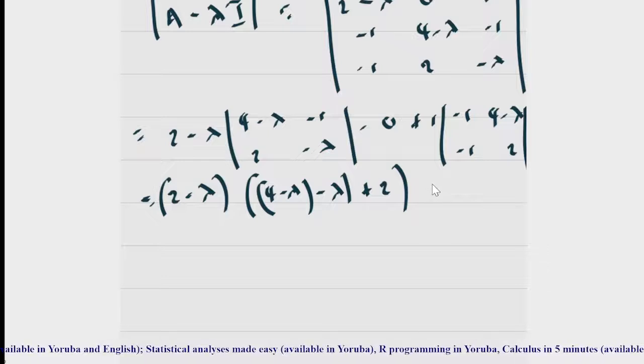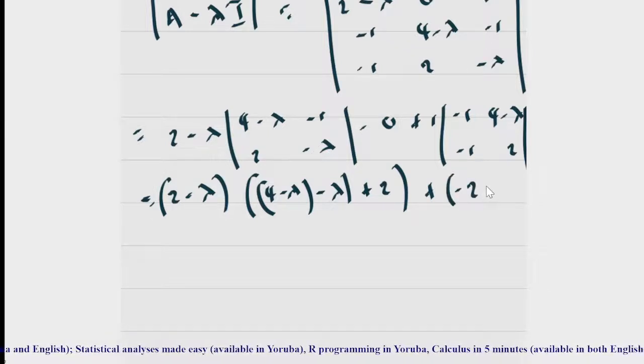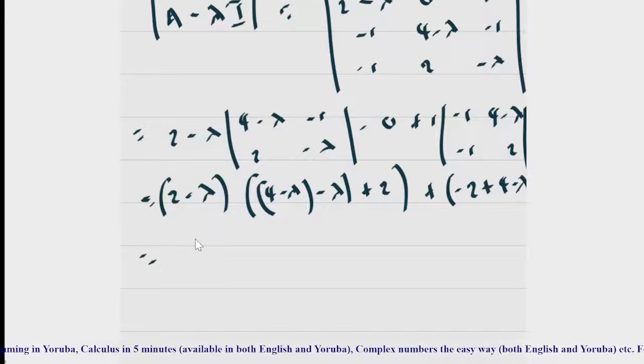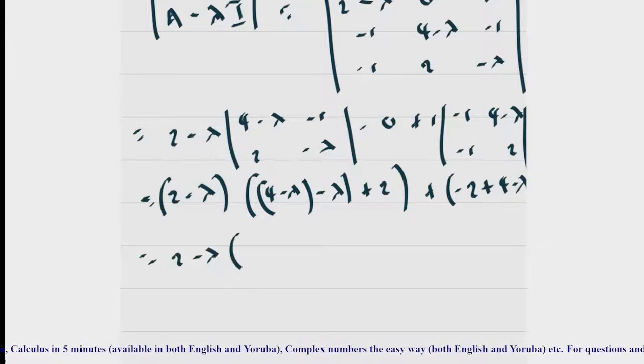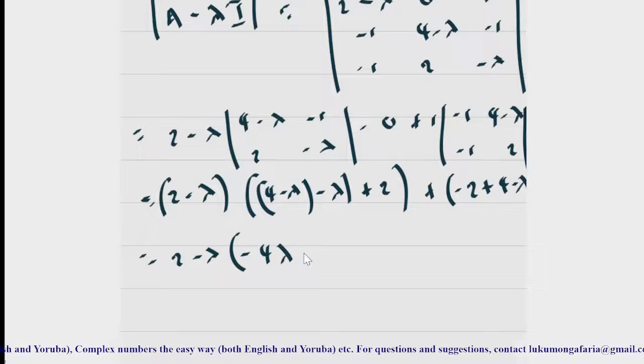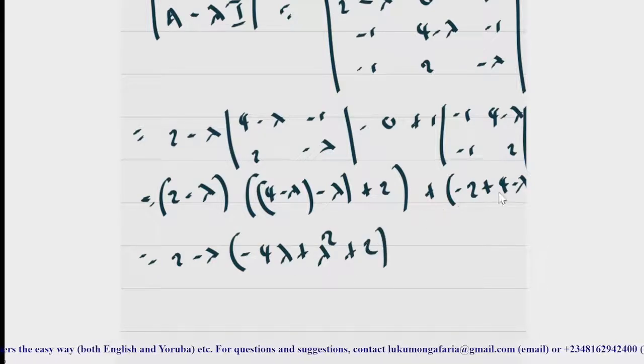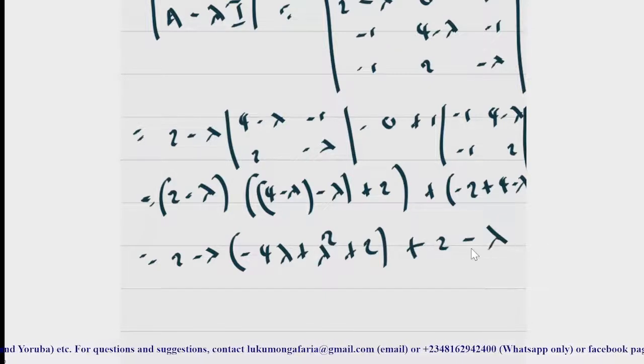So then plus minus 2 plus 4 minus lambda. Let me rewrite it. If you continue, this is going to give me 2 minus lambda times, multiplying them out, minus 4 lambda plus lambda squared, plus 2 minus 2 plus 4. That's going to give you plus 2 minus lambda.